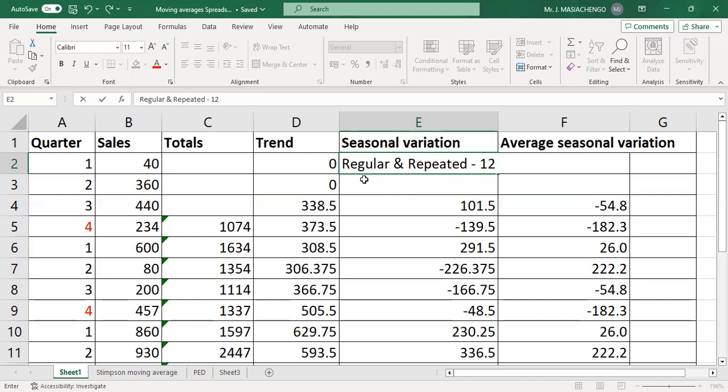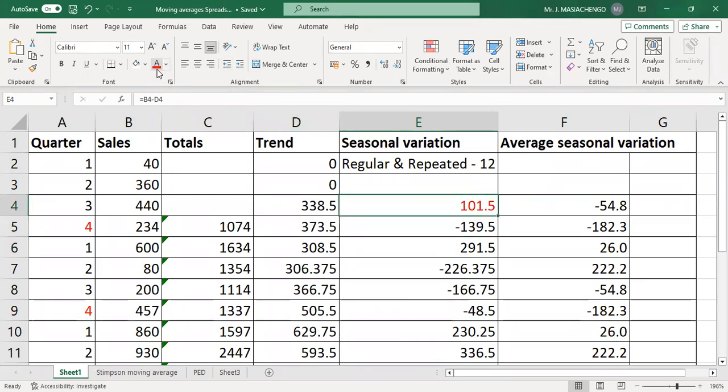So how do we do this one? It's simple. Let me show you how I calculate this one. You just take the actual sales and subtract the trend. So we are going to say our actual sales minus our trend. Let's do it together. Get this figure.